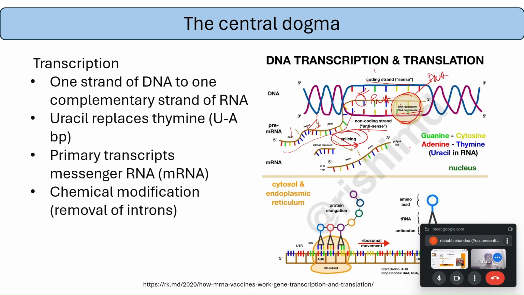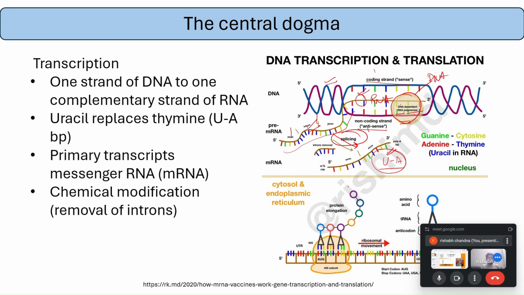Okay, now in this particular conversion, thymine is replaced by uracil. So the complementary base pairing is between uracil and adenine, as compared to thymine and adenine in DNA.